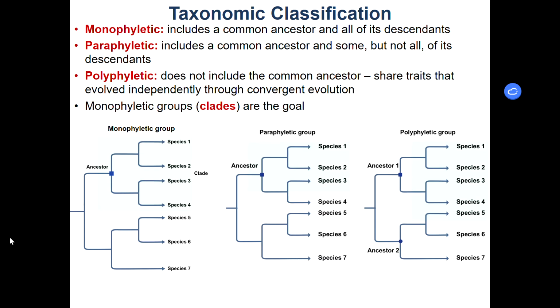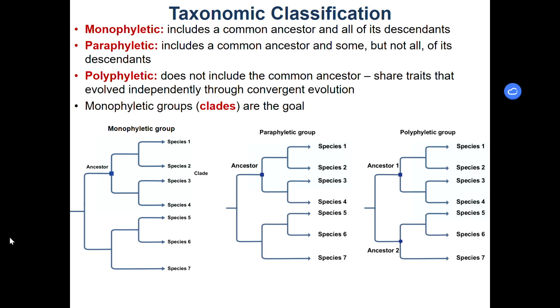So in our trees, we have different types of classifications. The first is monophyletic, and that includes organisms from one common ancestor. So if we're looking at our monophyletic tree here, this tree is the same, I just have different parts highlighted.